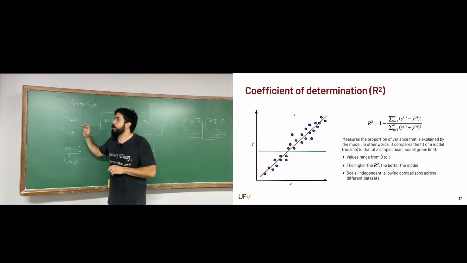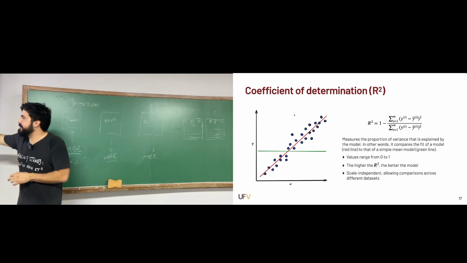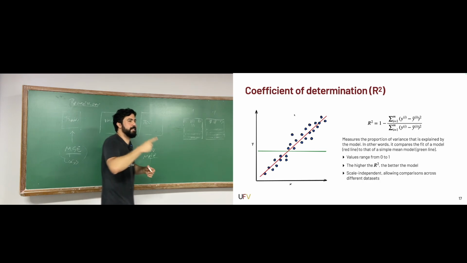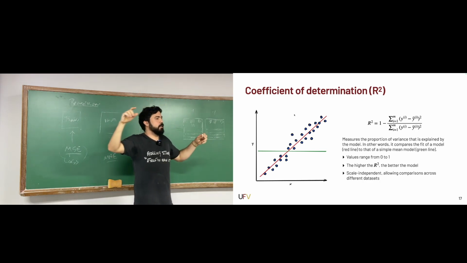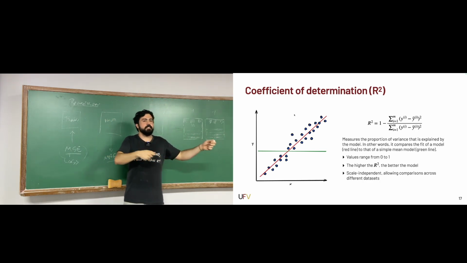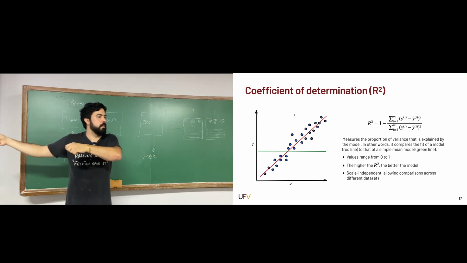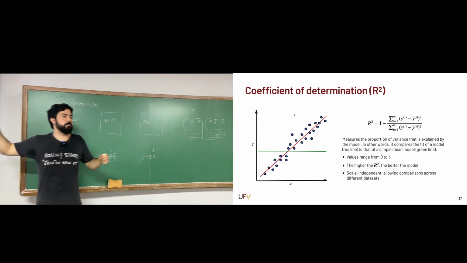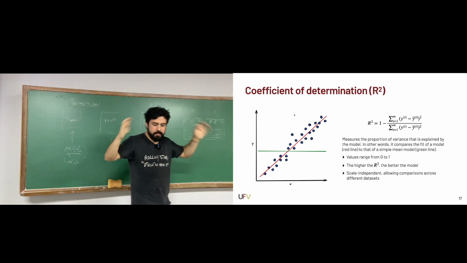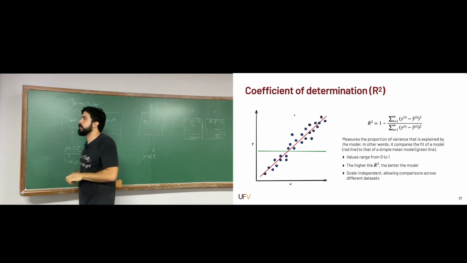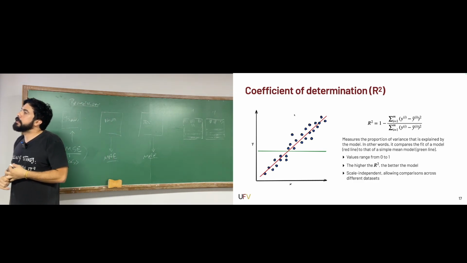And what is interesting here is that because it's scale independent, it allows you to compare across different data sets. So you can pick the same model, let's say that it fit in one data set, and test it in 3 different other data sets. And this metric is going to be independent of the scales of this data set. So it allows you to do that if you want.